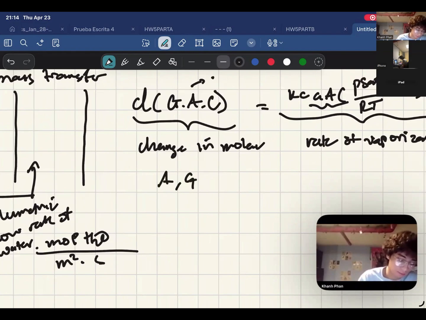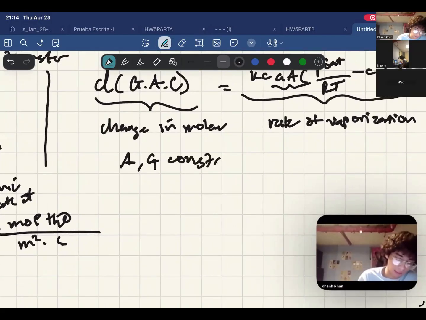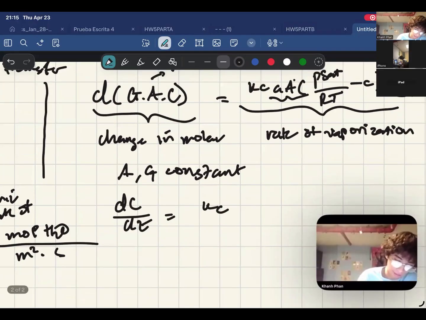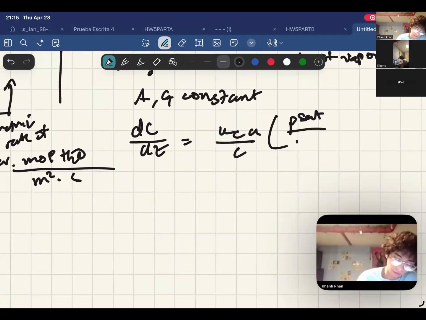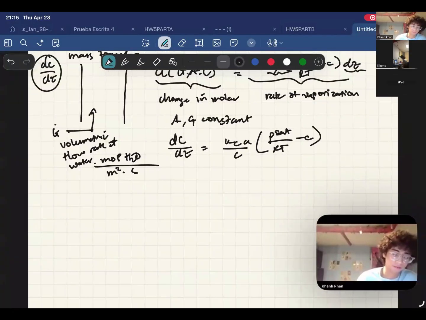And also assume that the volumetric flow rate stays constant. We can rewrite this as dc, divide both sides by dz, is equal to kc, and then we can also cancel out A over here as well. So we just have kc over G times packing times Psat over RT minus C, and that's how we derive the equation for change in molar concentration.